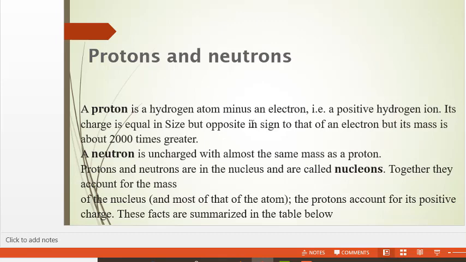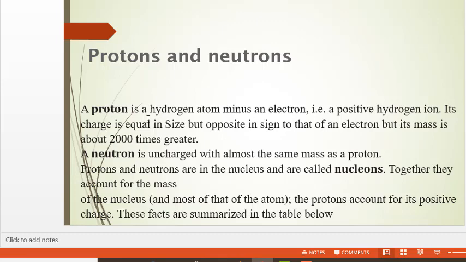Alright, so we have talked about one particle that is found in the nucleus of an atom, that is a proton. So we have said it's positively charged, and its charge in terms of size is equal to that of an electron, only that they are charged oppositely, proton being positive and electron being negative.